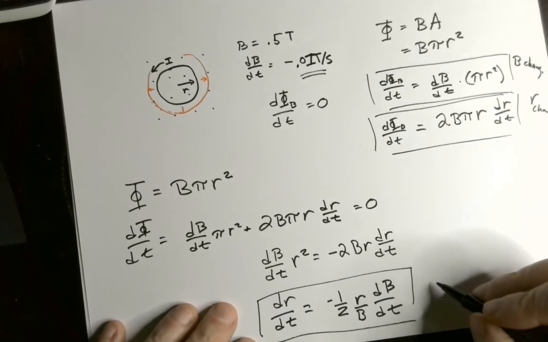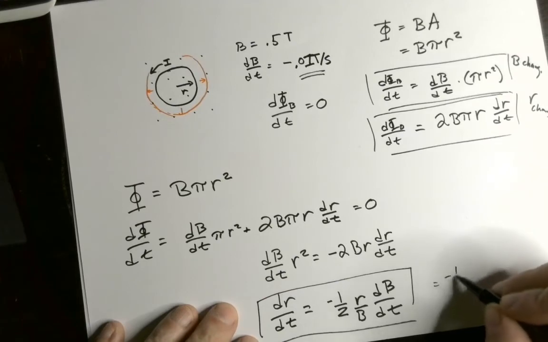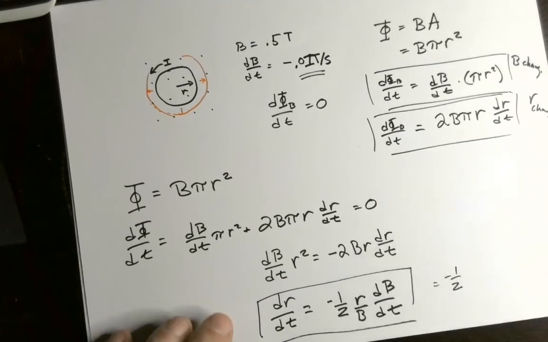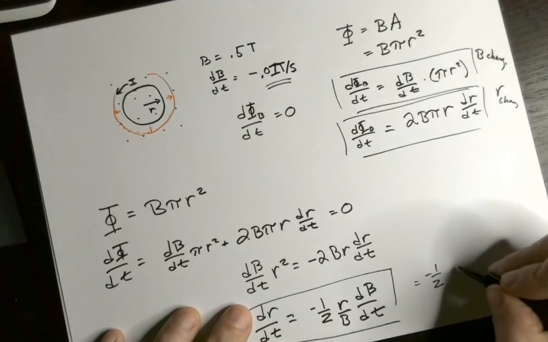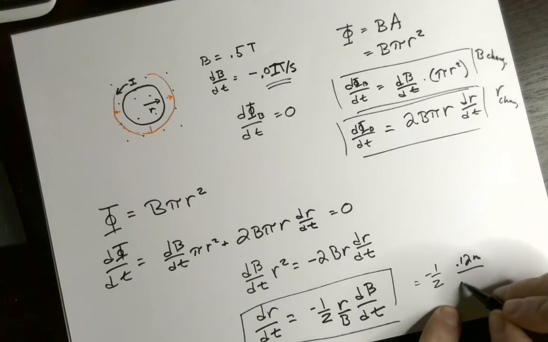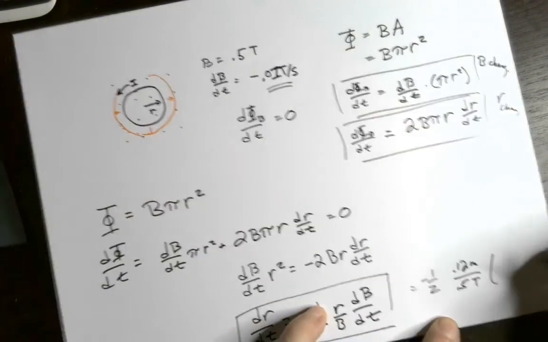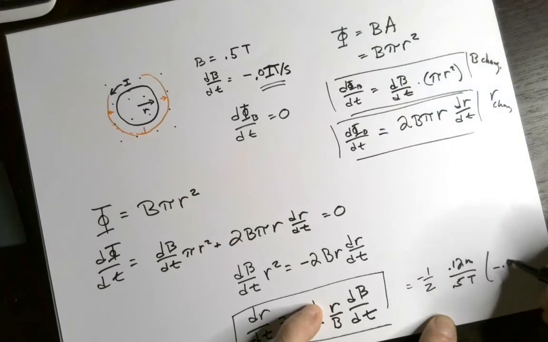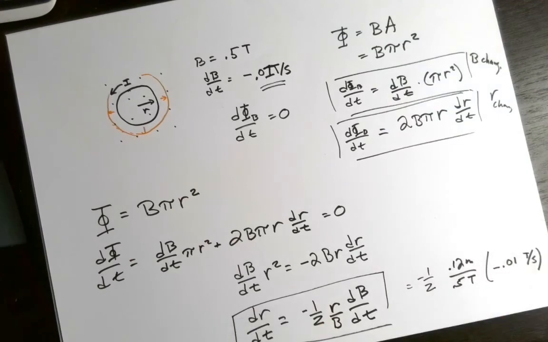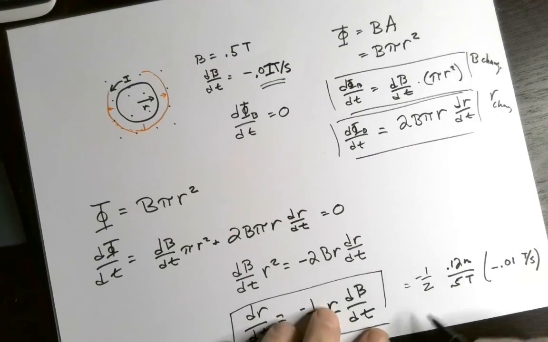And those are all numbers that we know in our problem. dr dt is equal to minus 1/2. What was the initial radius? Did they give us the initial radius in the problem? Yeah, 12 centimeters, so 0.12 meters, over the magnetic field, which is 0.5 Tesla, times the rate of change of the magnetic field, minus 0.01 Teslas per second. The Teslas cancel, which gives us meters per second.